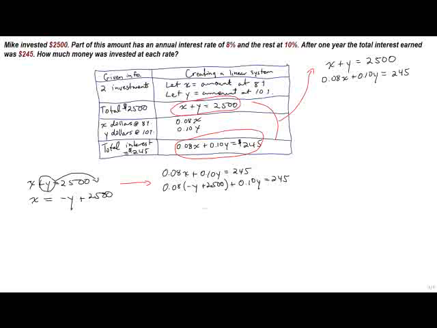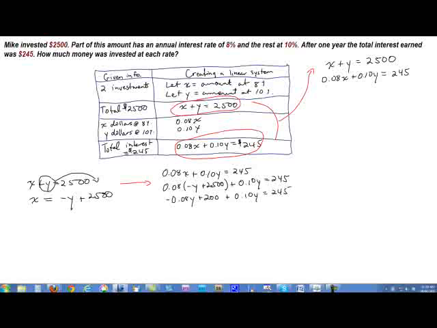Next we'll use the distributive property. So we have 0.08 times negative Y, which will be negative 0.08Y. Now we have 0.08 times 2,500, which leaves us with 200 plus 0.10Y equals 245.